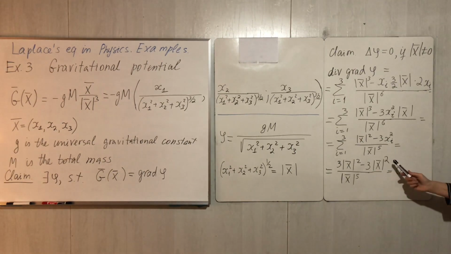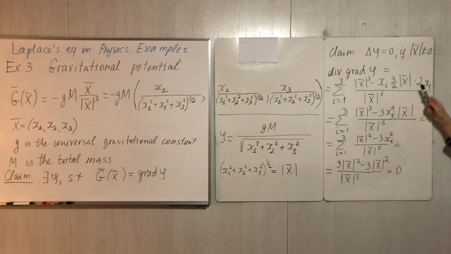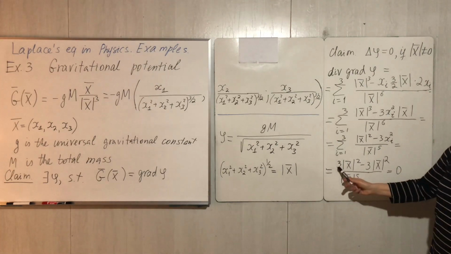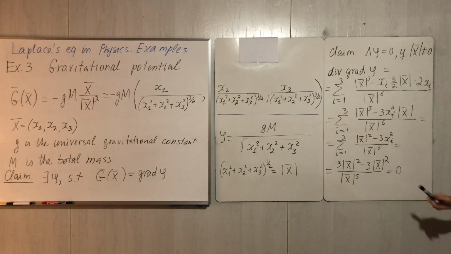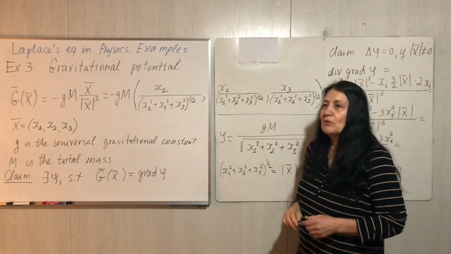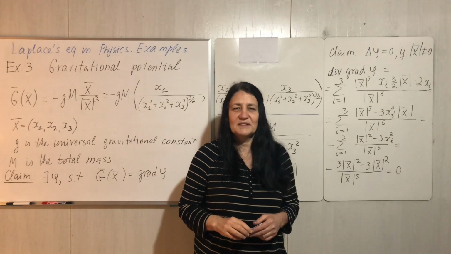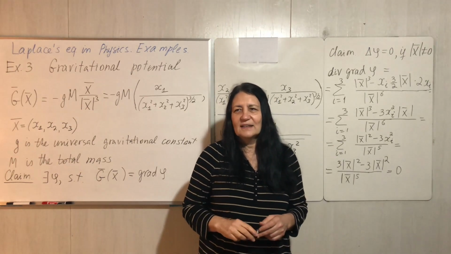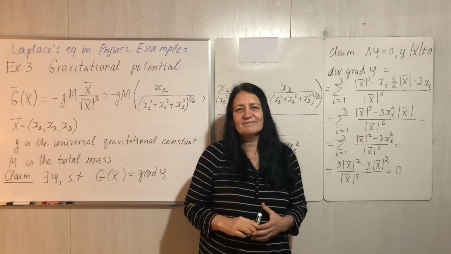In the middle here I just divided everything by the magnitude of x because I have this assumption, and in the end we get 0, so our gravitational potential phi satisfies the Laplace equation outside of the origin. Thank you.